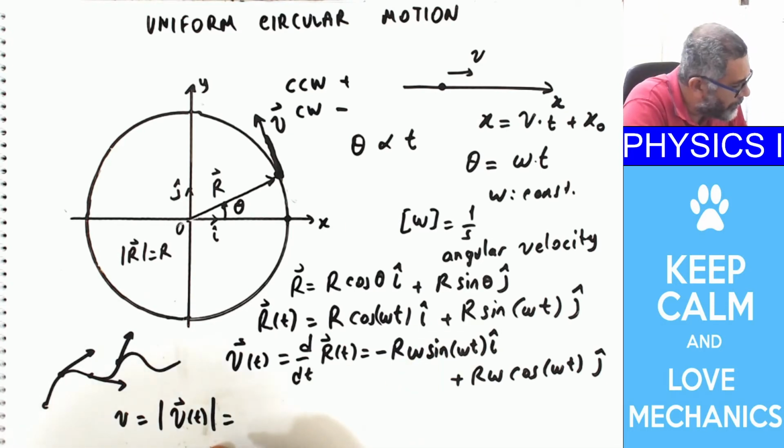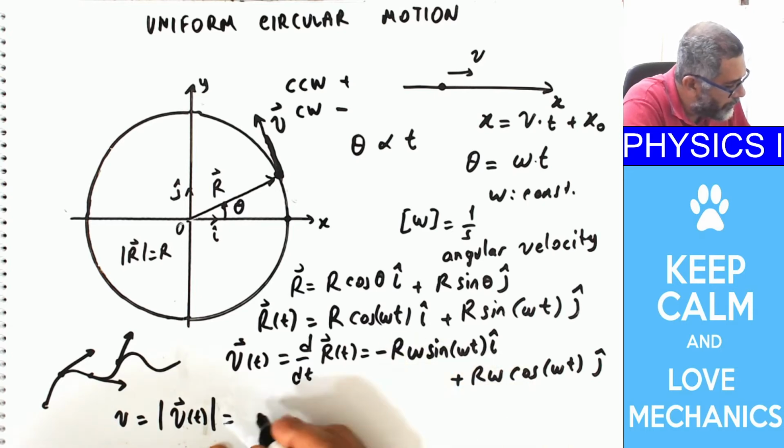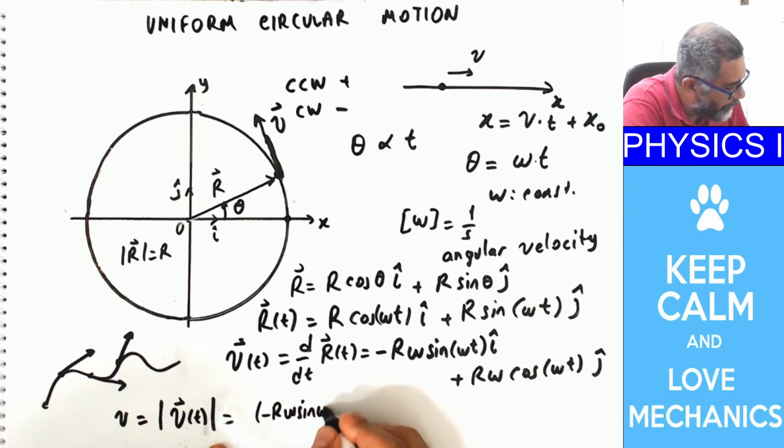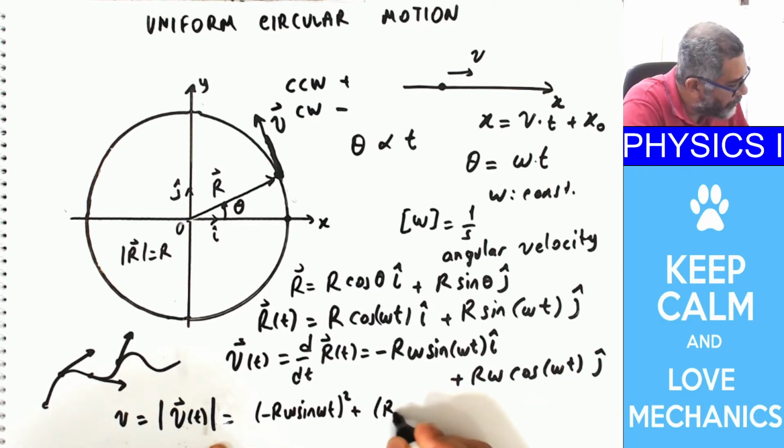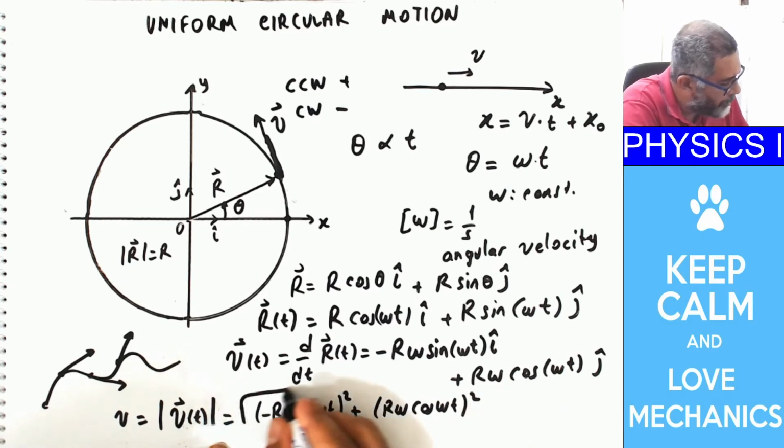So let's check this. We're going to take the square of the first component, minus r omega sine omega t squared, plus the square of the second component, r omega cosine omega t squared, and take the square root.